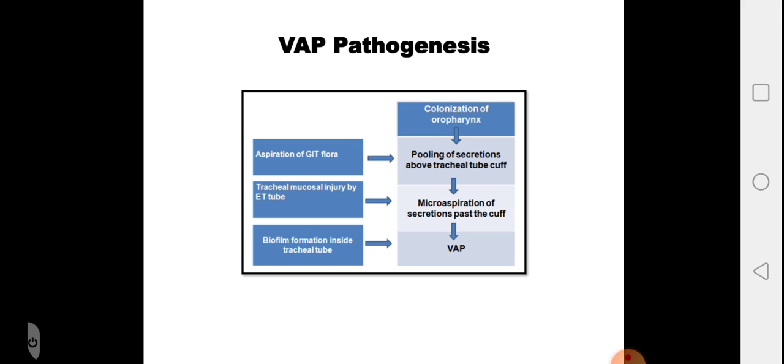And these bacteria present in the secretions, by microaspiration, can pass through the cuff and reach the lower respiratory tract or the lungs to cause ventilator associated pneumonia. Biofilm formation is also a factor which causes ventilator associated pneumonia.